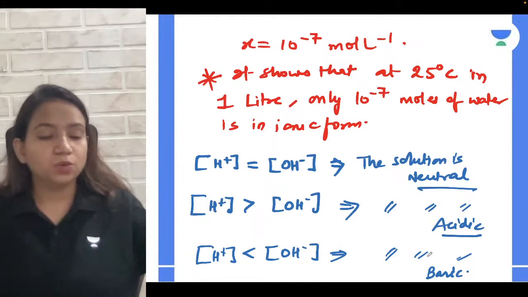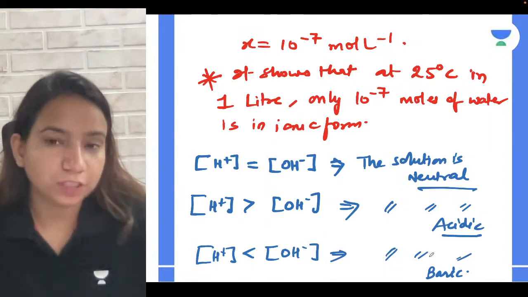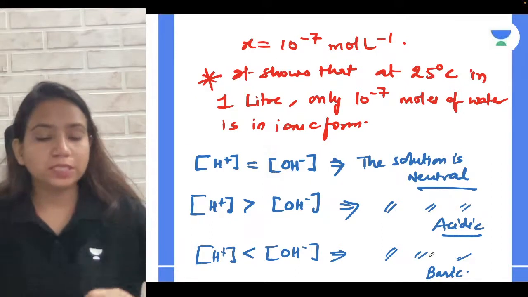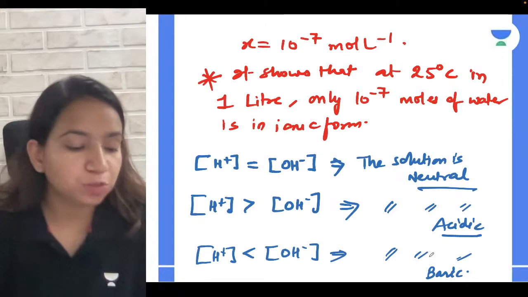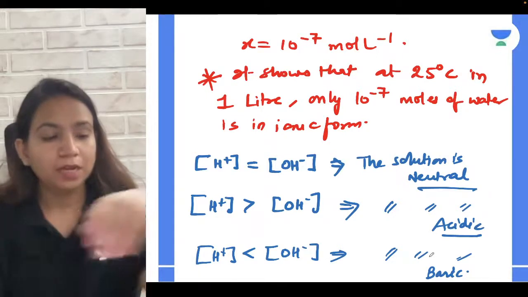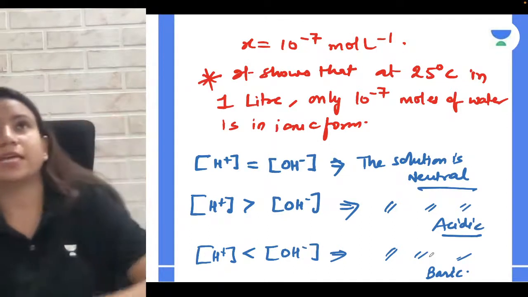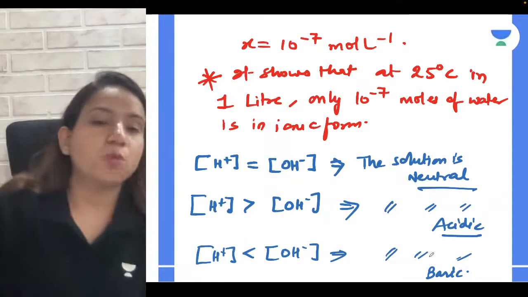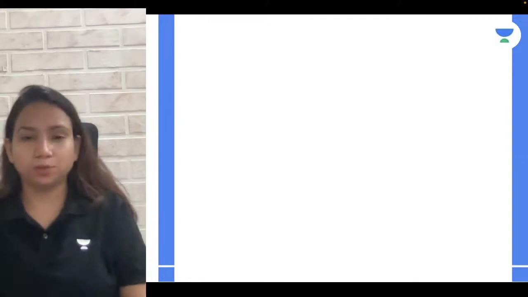Very good. So we have understood the ionic product of water and how we can relate that. Now let's understand an even smaller topic, which is the relationship between Ka and Kb. In our water, it acts as an acid also, and it acts as a base also. I told you that water is a very adjustive and adaptable thing.